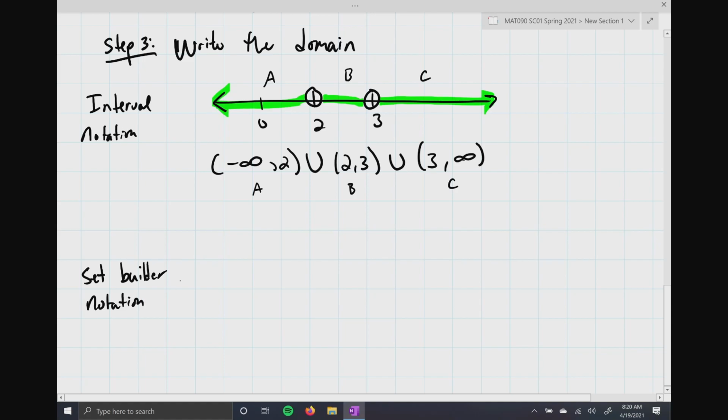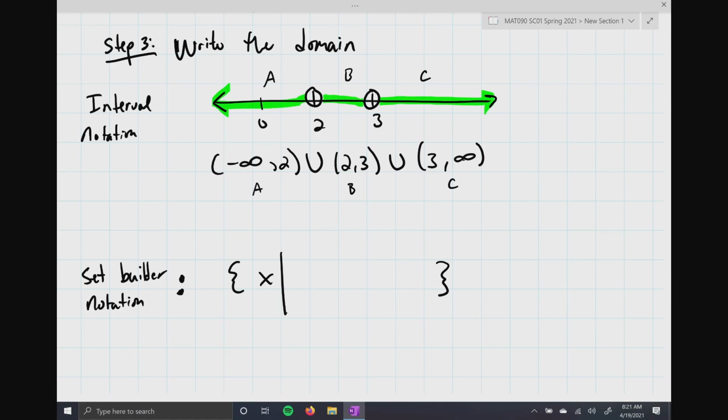Set builder notation is exactly what it sounds like. It gives us a set and it tells me how to build it. And this is easy. You will always, always, always have this setup where you have a squiggly brace, the letter X, and then that vertical bar.